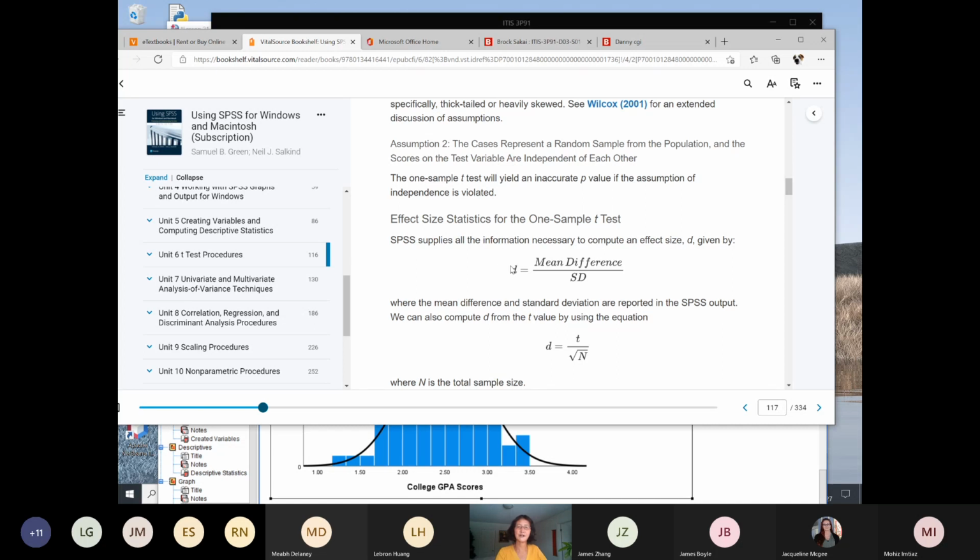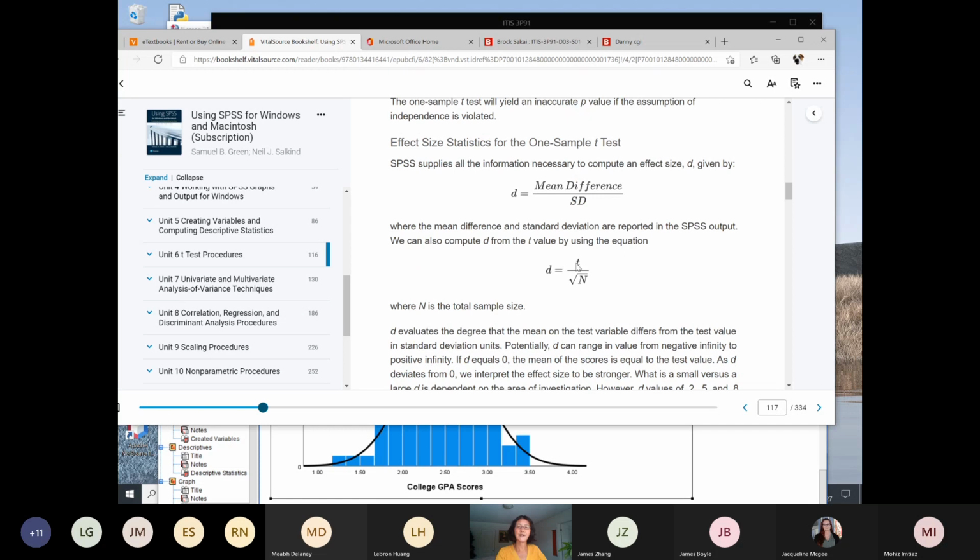It is just test statistic t divided by square root of sample size. Different tests have different formulas for effect size statistics. For one sample t-test, test statistic t divided by square root of sample size is the effect size statistic. Okay.